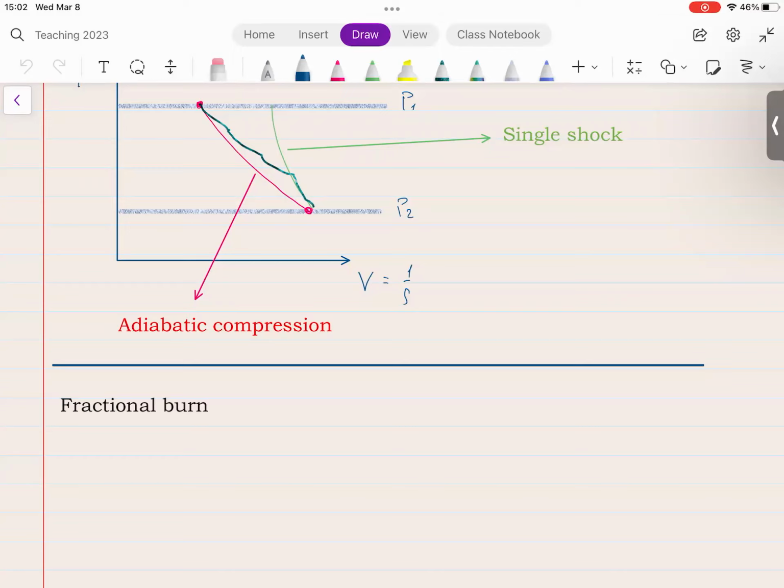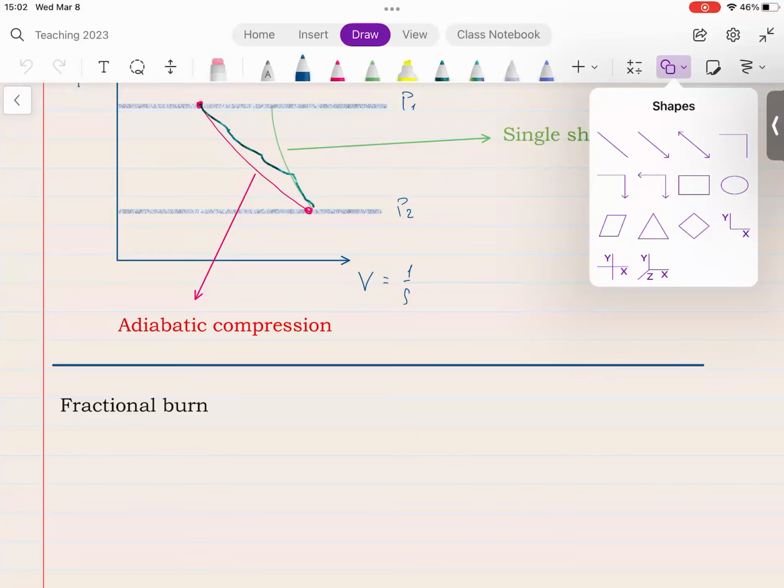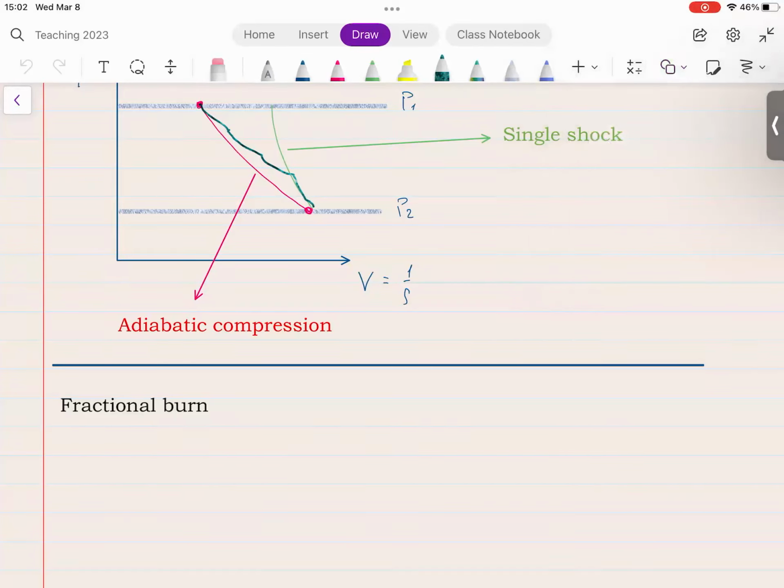The fractional burn, by definition, is the fraction of the fuel that actually does nuclear fusion. Put a square around that too, maybe in a different color.